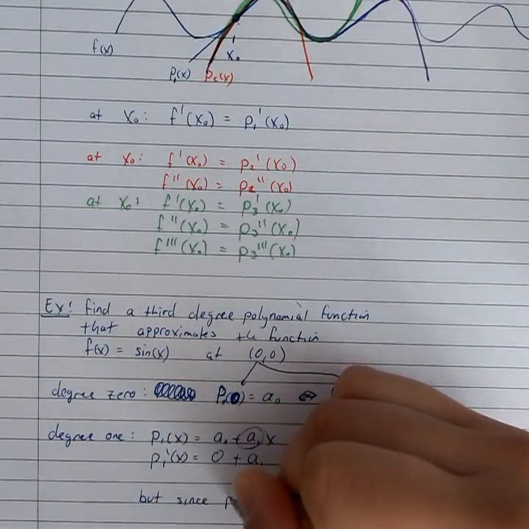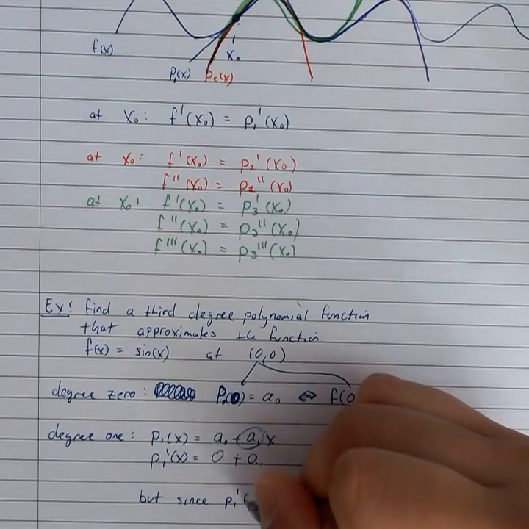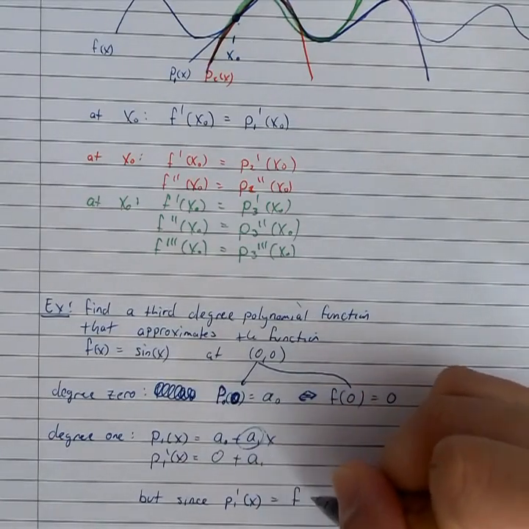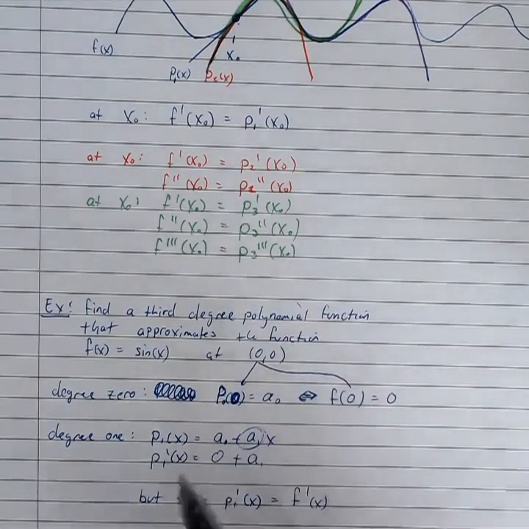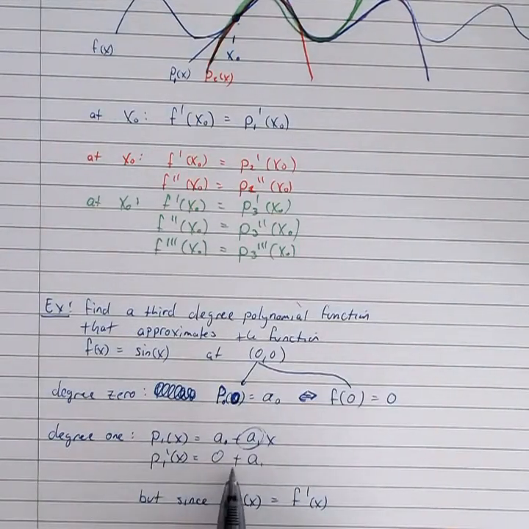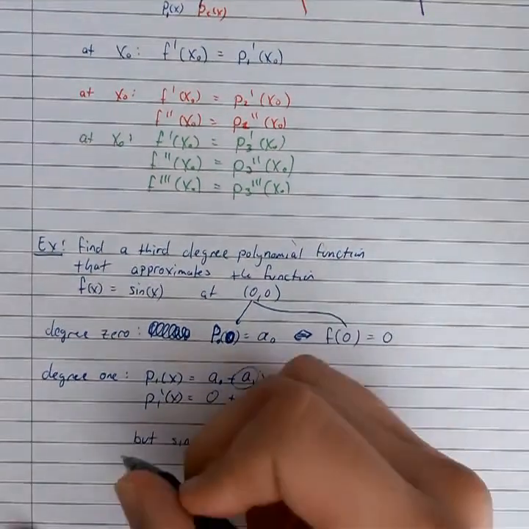Since p1 prime at x is supposed to be the same as f prime at x, that just means that instead of saying p1 prime of x is equal to a1, we can just say f prime of x is equal to a1.